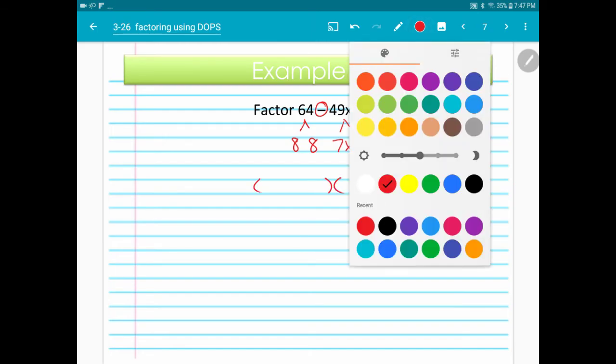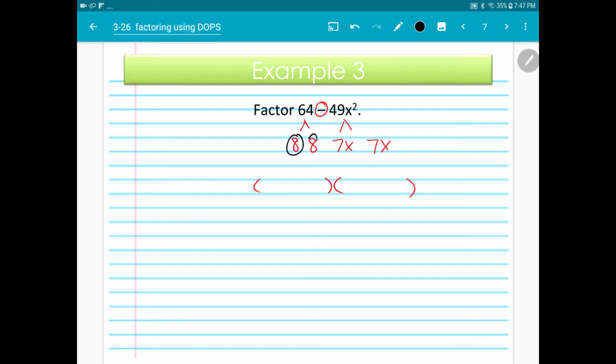Now, be careful with this one. When you put this in order, whatever was your first term, so the number was the first term here, I need my number to also be the first term in the set of parentheses. So in the last 2 examples, the x was first, but now I want to make sure my number is first because the number is first in the example itself. And the variable is second, so my 7x's are going to go second. 1 positive, 1 negative.